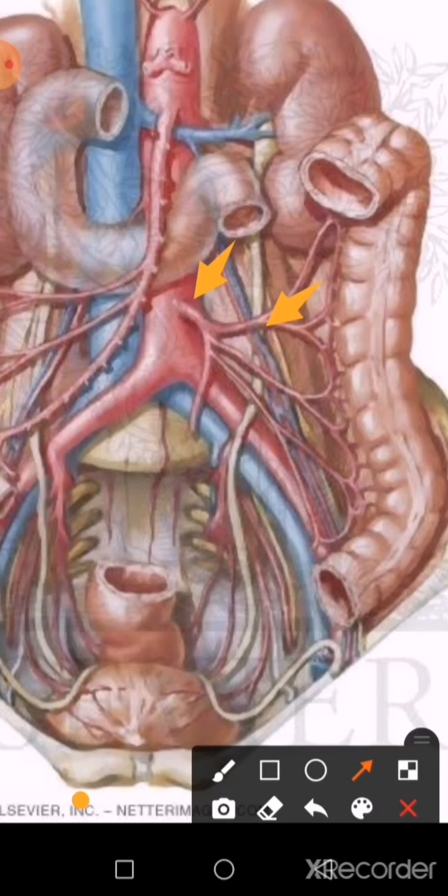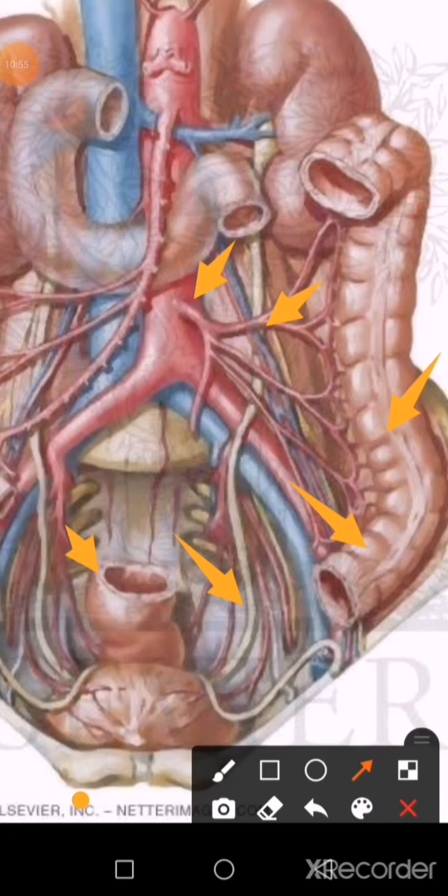Over here you can see that this is the descending colon, and this part is the starting of the sigmoid colon, and obviously it would have been going in front of the ureter before it terminates as the rectum, but that part has been cut off so that you may be able to appreciate the ureter more closely.